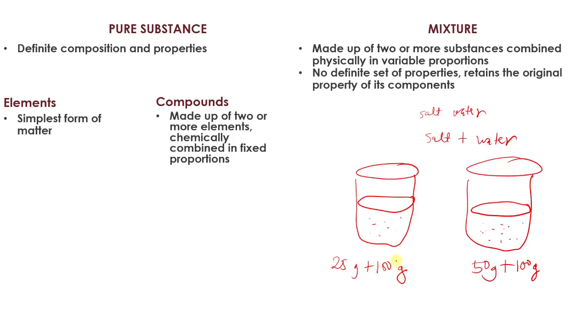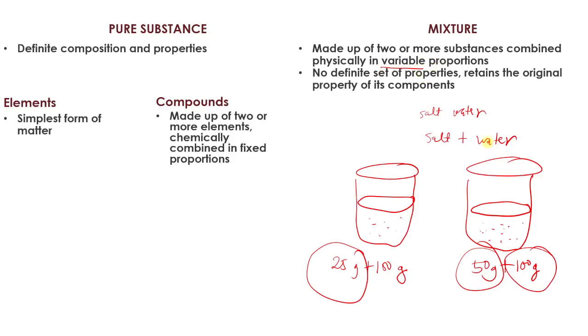So in this case, this shows that this one is a mixture because its proportions between its components are changing. So again, in some cases the amount of salt can be less, then in other cases it can be more than the amount of salt. So again, for a mixture, its composition is variable.